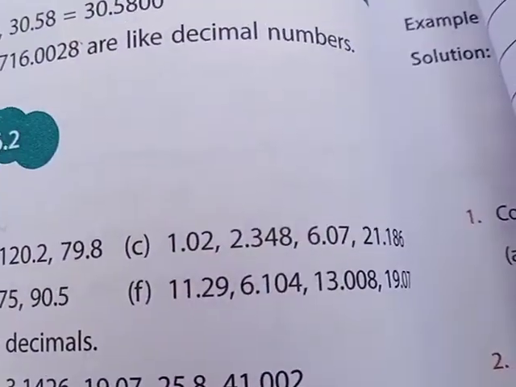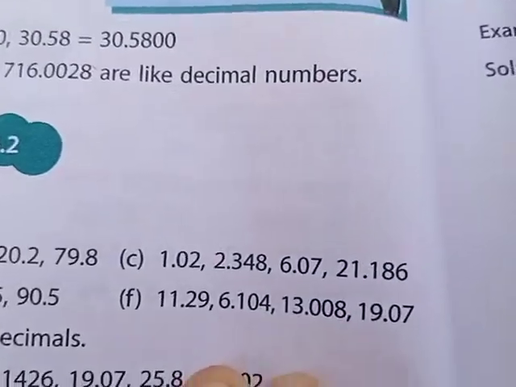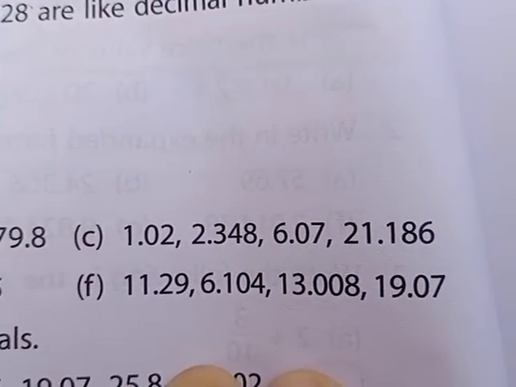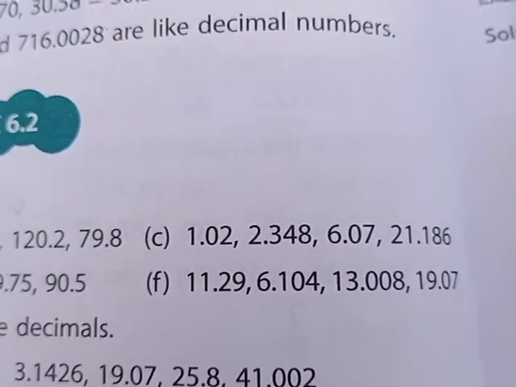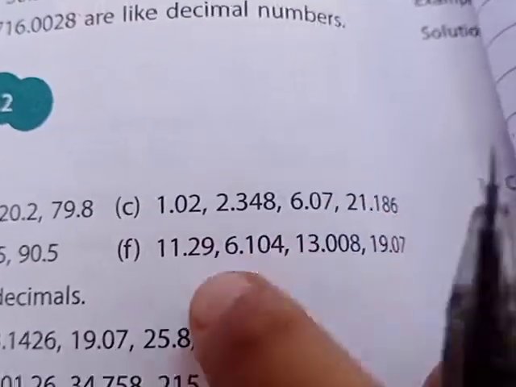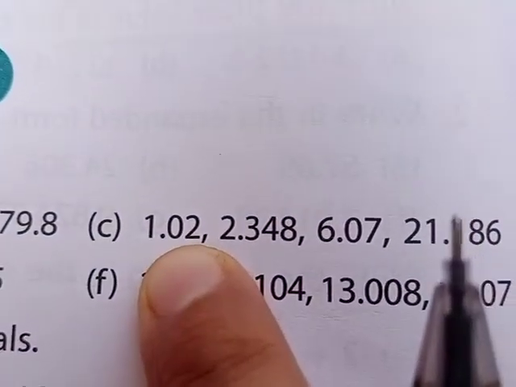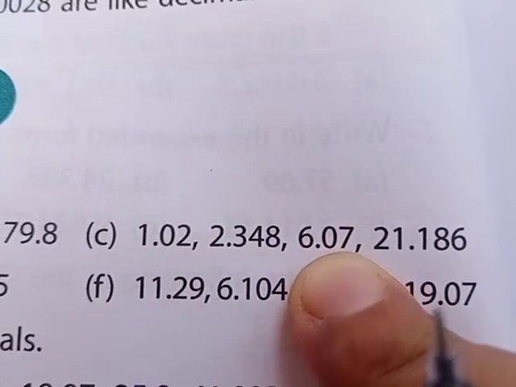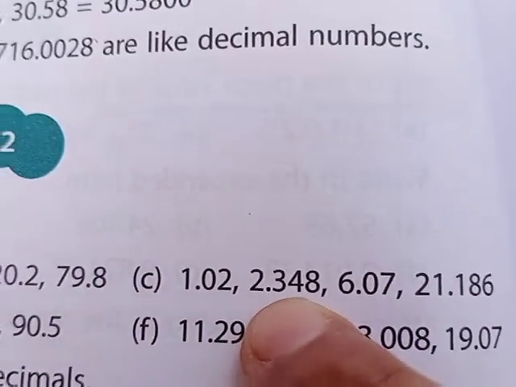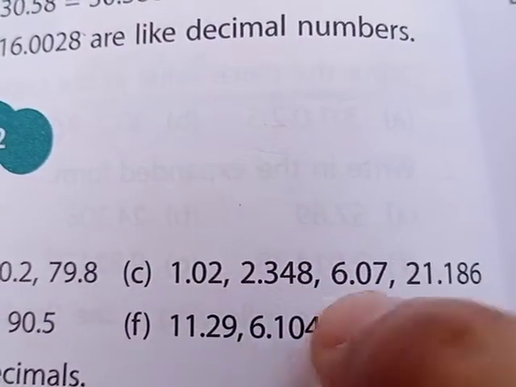Then question number C, you can see 1.02, 2.348, 6.07, 21.186. So what is the first like decimal pair we can say? After the point we have 2 digits here. After the point we have 2 digits here. So 2 digits, they can be like, and here after the point 3 and after the point 3. So 3 digits will be like.